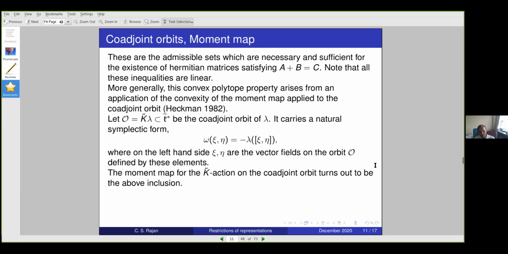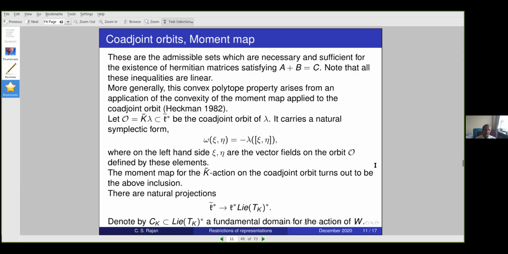The moment map is a map from the manifold M. If a Lie group K, or whatever, K tilde acts on a manifold M in a symplectic manner, and the action is Hamiltonian, then there is a moment map from the manifold M to the dual of the Lie algebra, which is K star out here. And that's just a natural inclusion as a moment map.